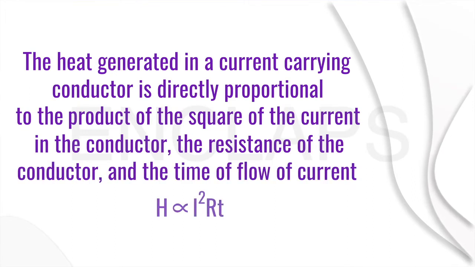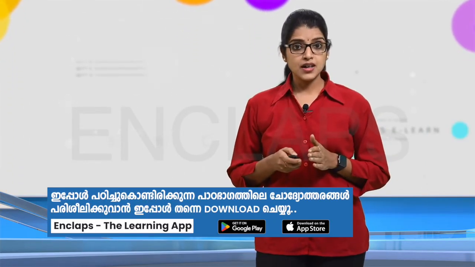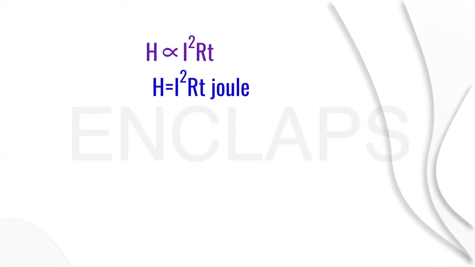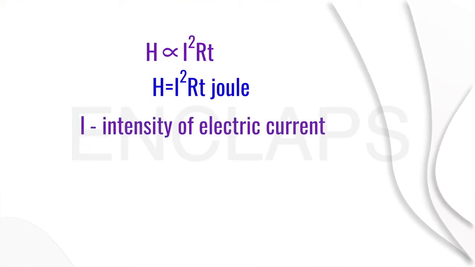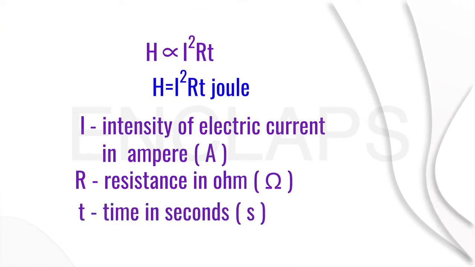That is, H is directly proportional to I square RT. In order to change the proportional sign, either multiply it with a fixed number or replace it with a constant. Since the constant used here is 1, heat H is equal to I square RT joules. This is the Joule equation, where I denotes the intensity of electric current in amperes, R denotes the resistance in ohm and T denotes the time in seconds.